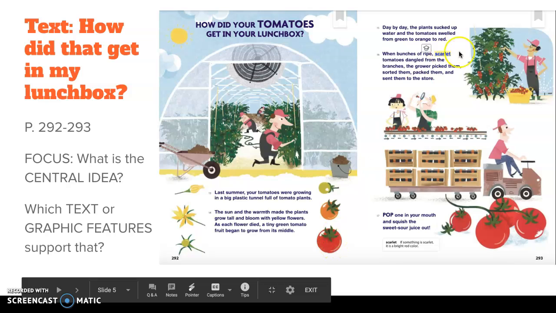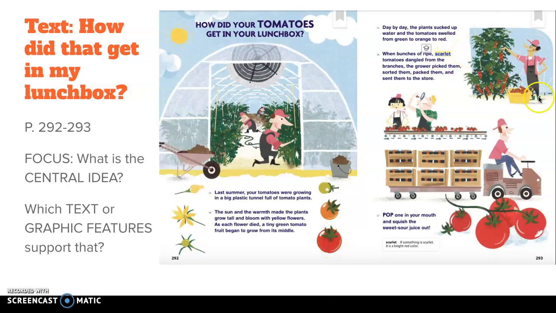When they're ripe, they're that scarlet color. This illustration shows how the tomatoes have to be hand-picked because they're very delicate. If a machine were to do it, they would probably get damaged. And here we can see how the tomatoes are sorted and packaged so they can be shipped.